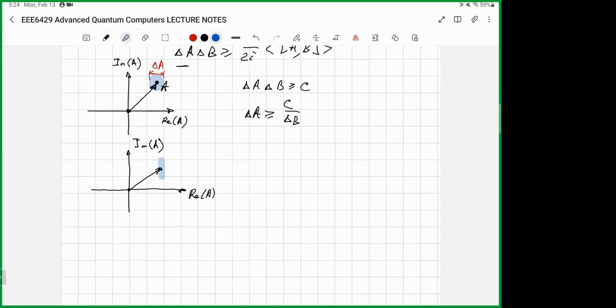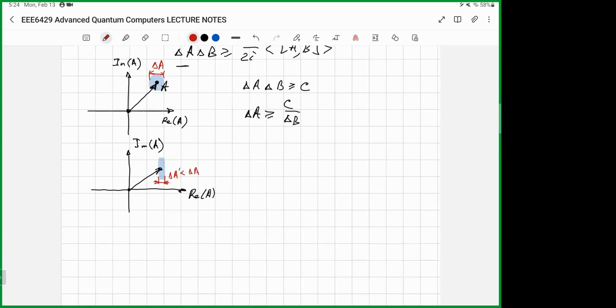So now this width is narrower than in the previous one. So now this delta A prime is less than delta A in the first place.